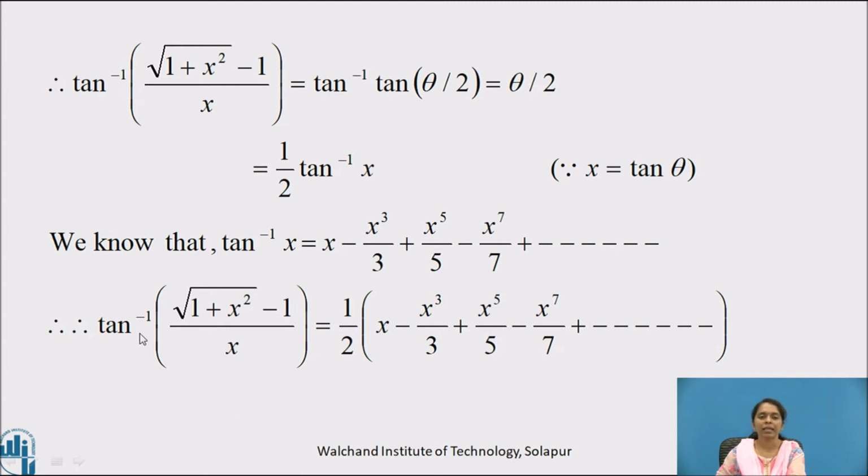Therefore, tan inverse of, make a big bracket, square root of 1 plus x square minus 1, whole divided by x is equal to half times, make a big bracket, and write down the series we have written over here for tan inverse of x, which is x minus x cube by 3 plus x raised to 5 by 5 minus x raised to 7 by 7 plus and so on.